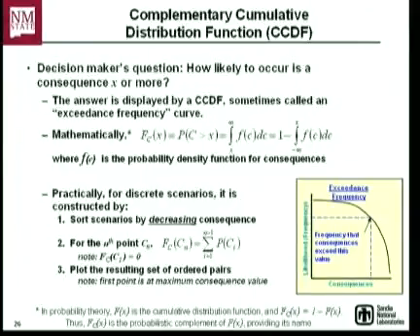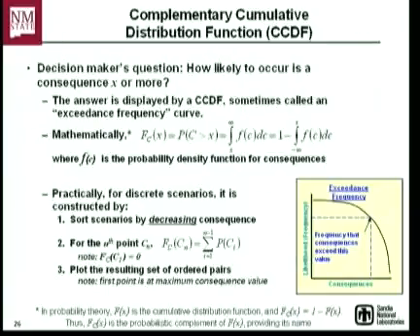In the curve on the right, it's called an exceedance frequency curve, which is another name for this CCDF. And it answers the question mathematically of what's the likelihood that the consequences are this bad or worse. So we have the vertical line from the consequence axis representing how bad it is.